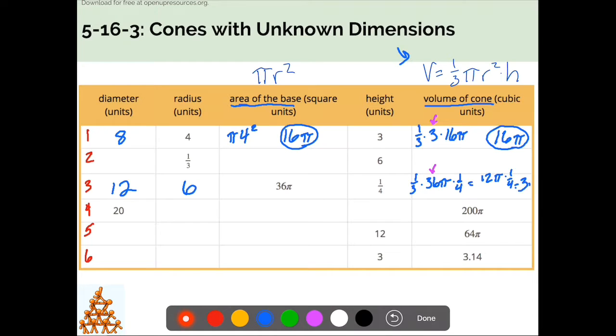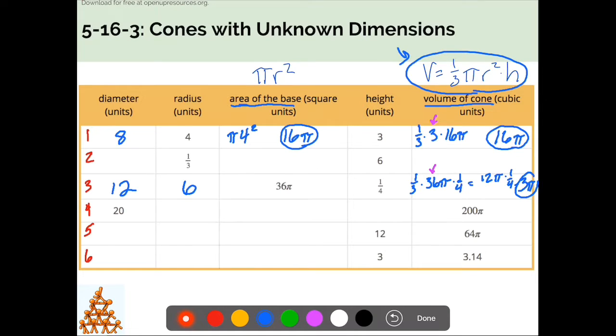So my volume here is going to end up being 3 pi. And there we go. So again, when you're writing out your volume formula, remember that you can switch things around because it's all being multiplied, and we can do that in multiplication.